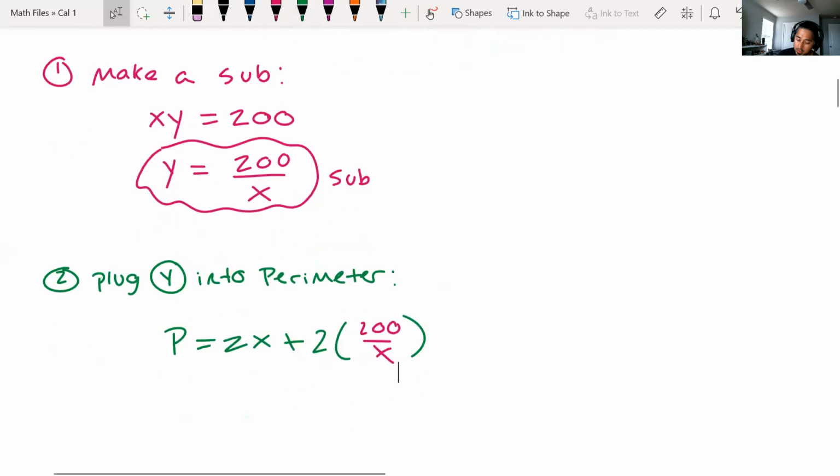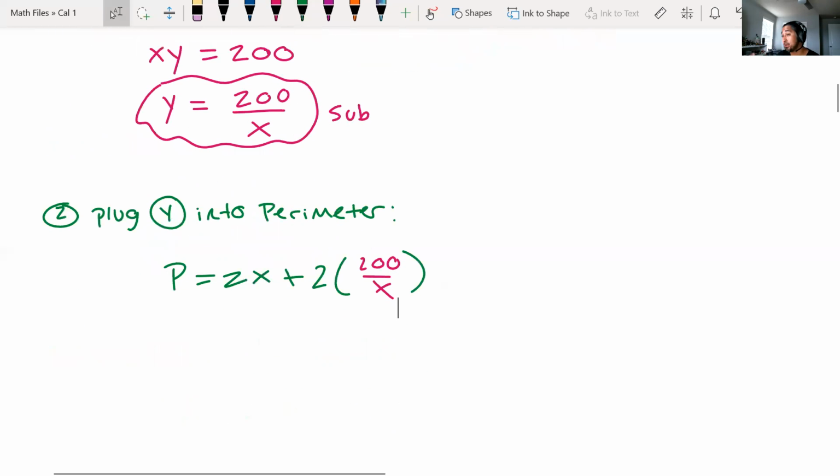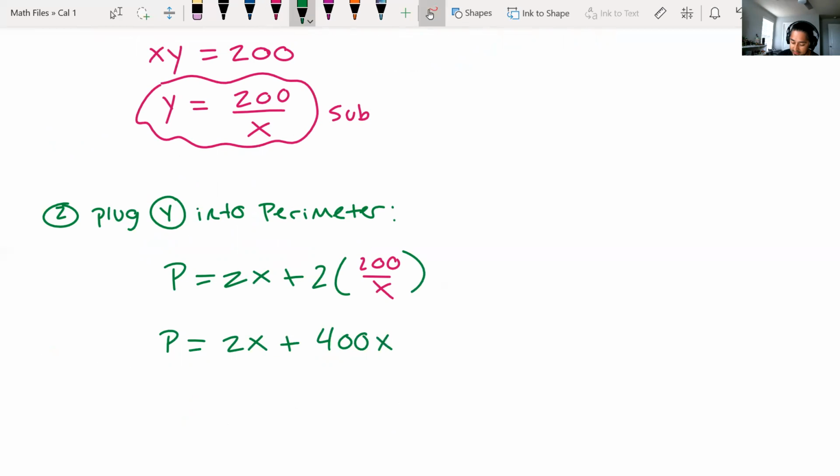Okay. And now let's go ahead and simplify this. We'll get p equals 2x plus 400. And all I'm going to do here is flip that x to the top, making it 400x to the negative 1.